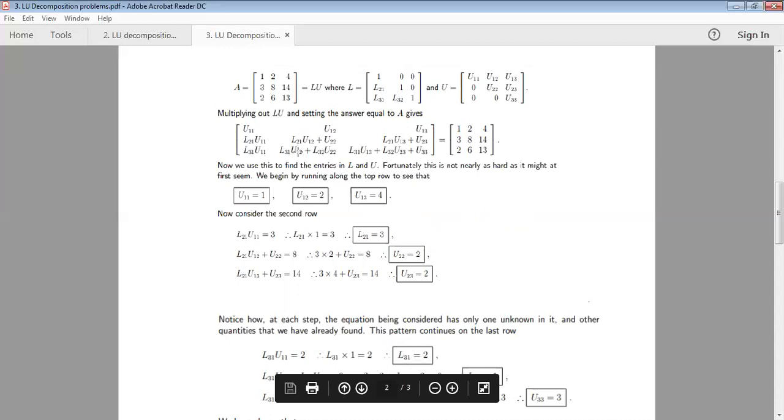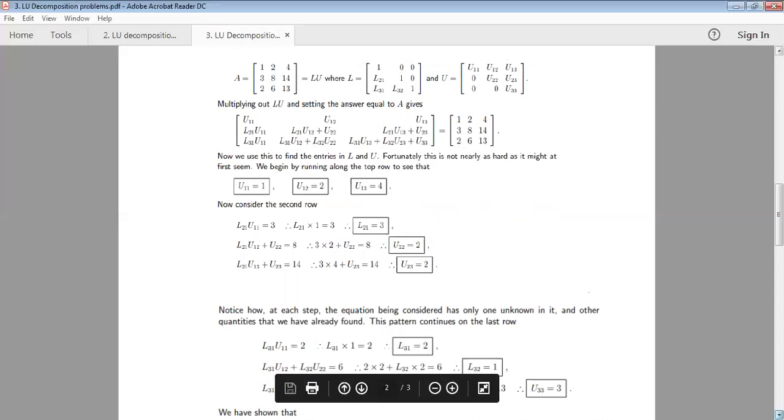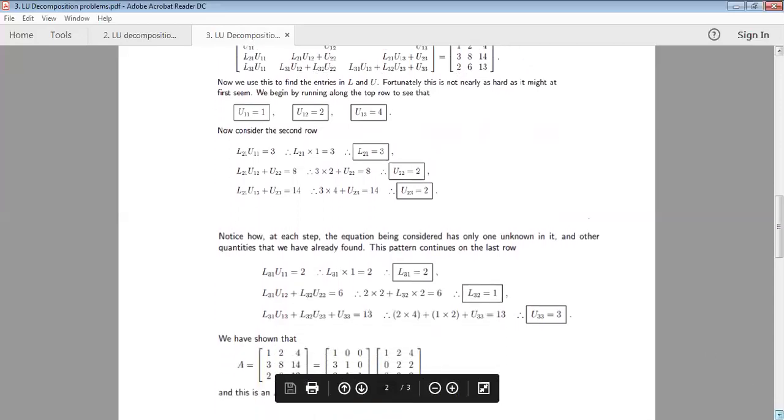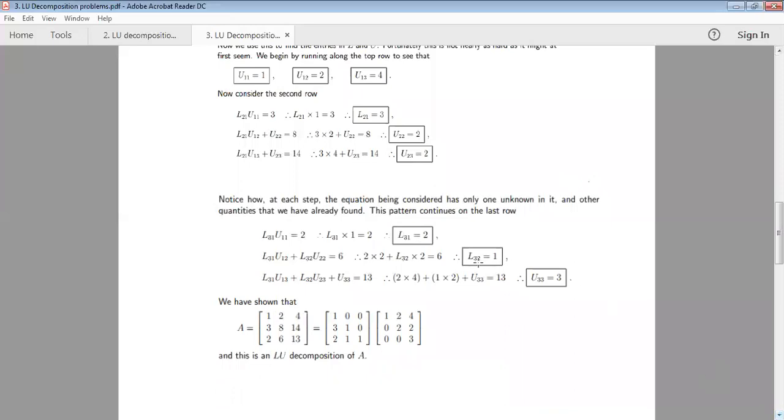Next, L31 U12 plus L32 U22 equals 6. L31 equals 2, the U12 value is 2, plus L32 into U22 value 2. So therefore, L32 equals 1.